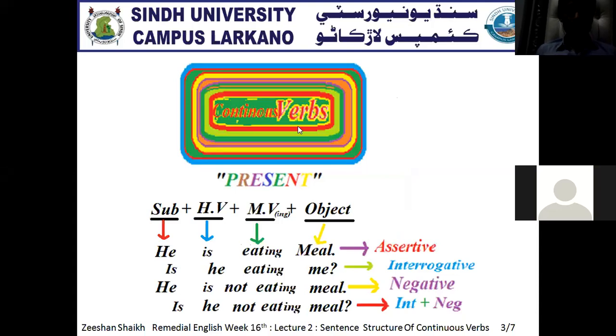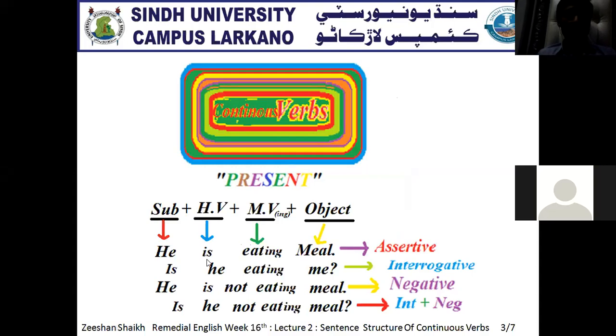Now, whenever we are trying to make an assertive sentence in continuous verb formation, we have to give the subject first, which is he, and after the subject, at the second place, we have to give the helping verb.